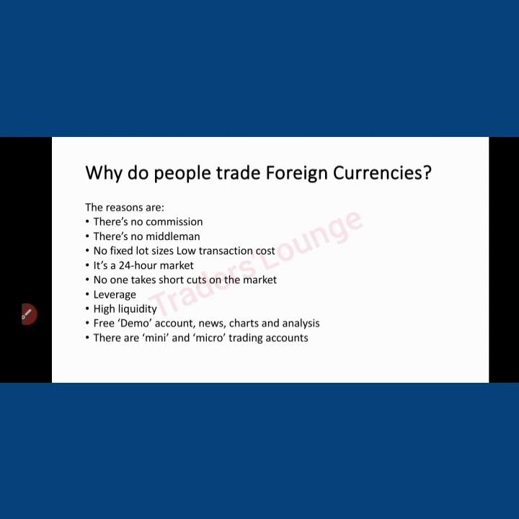And the last one on the list: there are mini and micro trading accounts. You would think that getting started as a currency trader will cost a ton of money, as people may think. Before, when you heard forex trading, people believed it was for people with huge amounts of money.